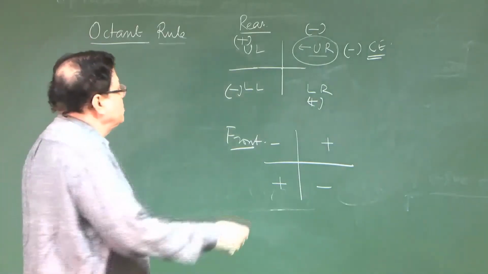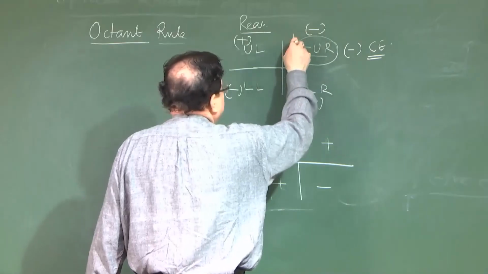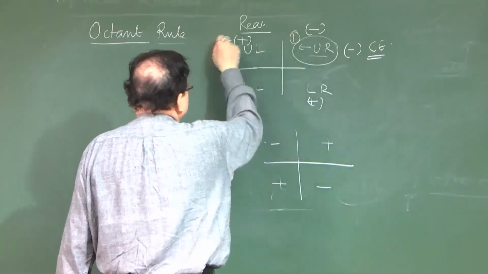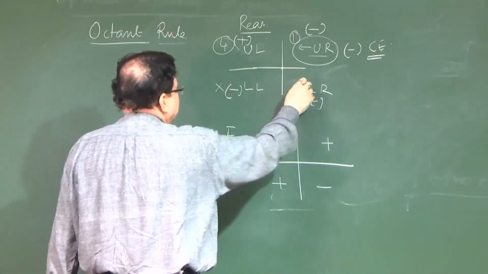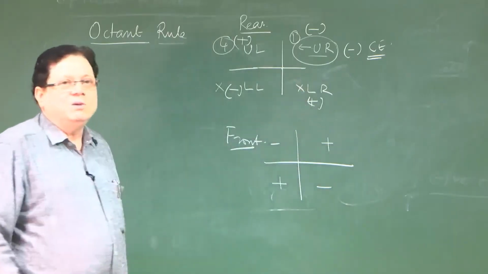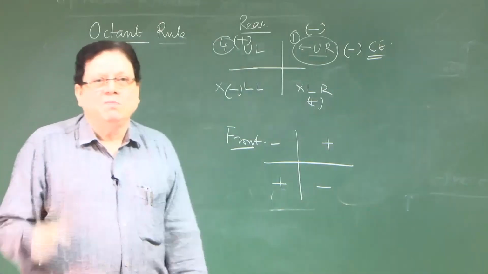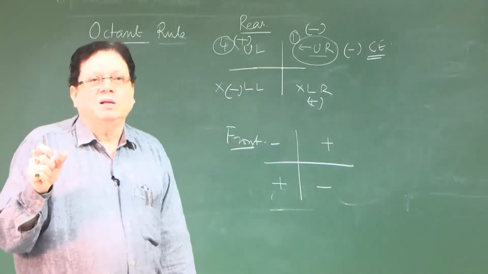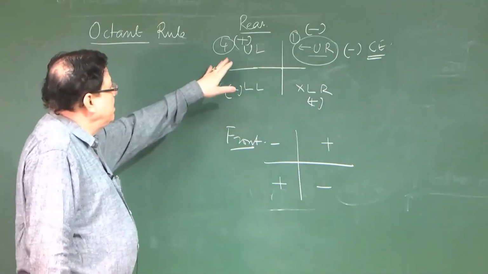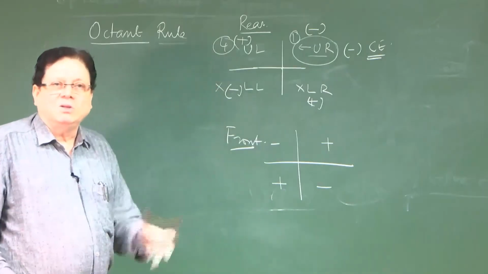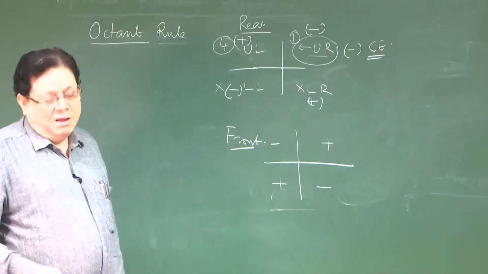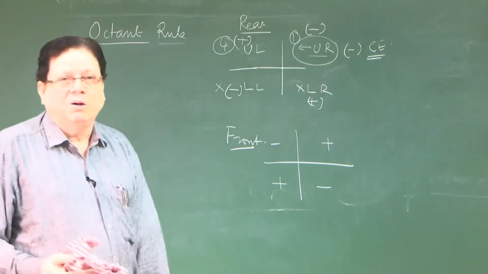Suppose there is only one substituent falling here, and 4 substituents falling here, and none here or here. If that be the case, you can say that it will show a positive Cotton effect, because the major number of substituents are falling in the upper left of the rear octants. That way you can ultimately predict the overall sign of the Cotton effect.